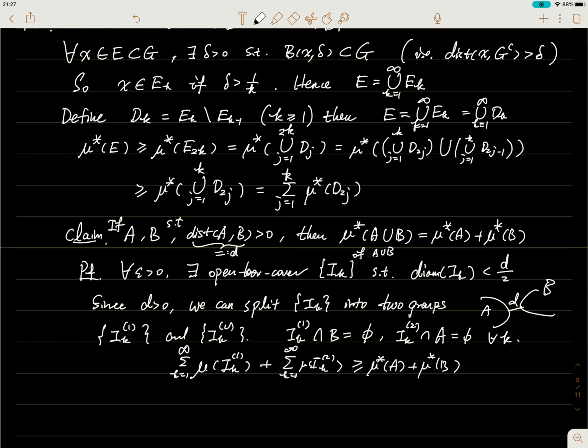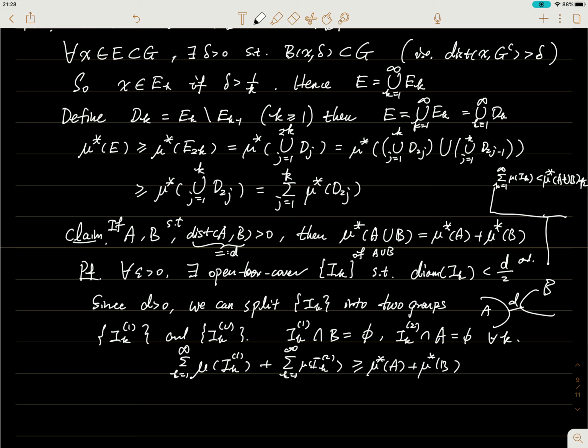Okay, and on the other side, we chose this open box cover not only so that the diameter of them are less than half D, but also I want them to be close to the mu star of A union B. So also the sum of this mu of I_k will be less than mu star of A union B plus epsilon.